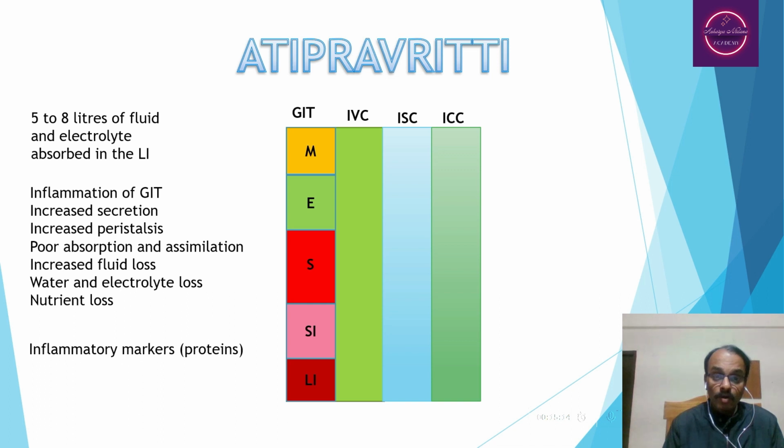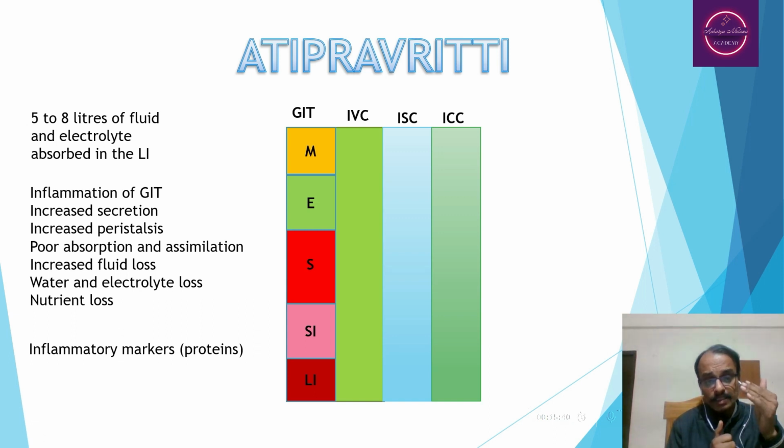Whenever there is inflammation, it is responsible for further increased secretion. It may happen in the mouth, the esophagus, the stomach, the small intestine or even the large intestine. Depending upon the area where the pathogens are present, increased secretions are possible.